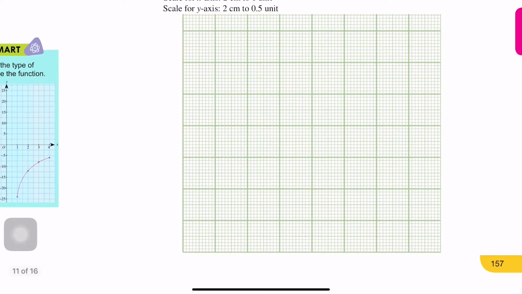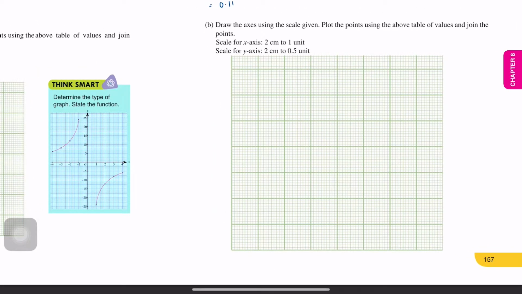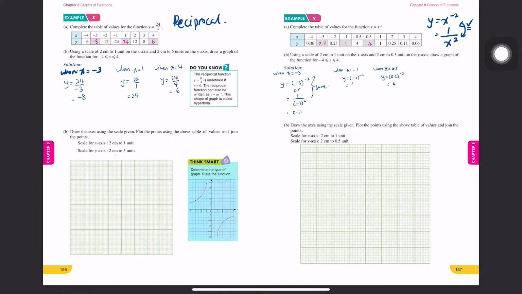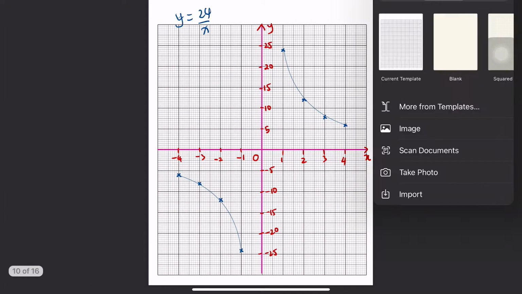So let's draw the graph. Is it enough? 1 2 3 4 5 6 7 8. 1 2 3 4 5 6 7. 0.5, 1, 1.5, 2, 2.5, 3, 3.5, 4. Not enough, so let's use this graph paper.